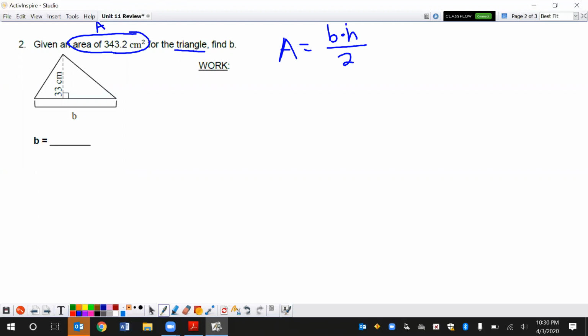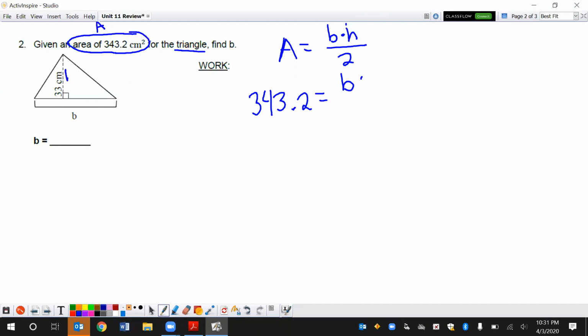So I'm using this formula and I'm going to plug in all the information that's given to me in the problem. The area is 343.2, so I'm going to plug in that number for A. B is the base, that's what they're asking me to find, so it stays as a B. H is the height, which is given right here in the picture.